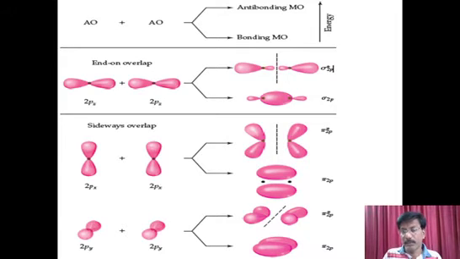The antibonding molecular orbital is due to interaction of plus with minus, whereas plus with plus interaction gives bonding, but it is sigma. Plus with minus gives antibonding, but again it is also sigma. So these are sigma bonding and sigma antibonding.